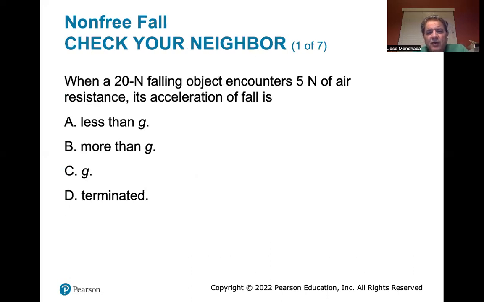When a 20 Newton falling object encounters 5 newtons of air resistance, its acceleration of fall is less than g, more than g, or terminated. Well, 20 newtons minus 5 newtons of air resistance is going to give you 15 newtons, which is for the mass. It's probably a 2 kilogram object if it's a 20 Newton object.